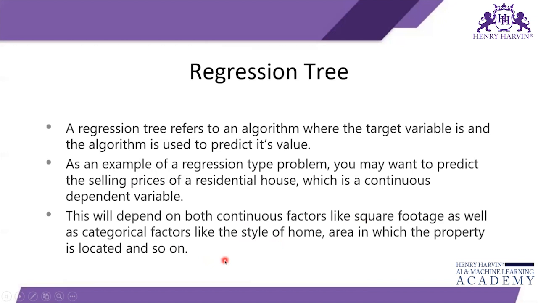So the regression output basically depends on many factors, like the style of home, how the home is made, the area of the home in square feet, and the area in which the property is located, like whether the area is good or not, or whether there is much crime in that area, or how many bedrooms there are, or many more factors like sun facing balconies and car garage facilities.